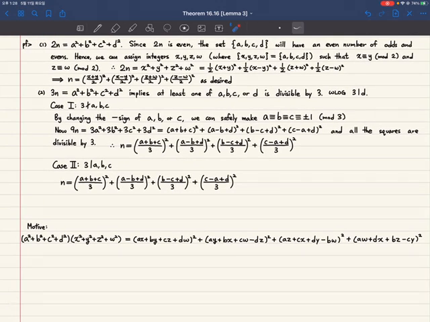Now if we write 9n as 3a squared plus 3b squared plus 3c squared plus 3d squared, we can write this as a sum of four squares as the following. You could expand this and check. The motive for this actually comes from this identity, which is about a sum of four squares, and is kind of an extension into quaternions, but I'll explain that later.